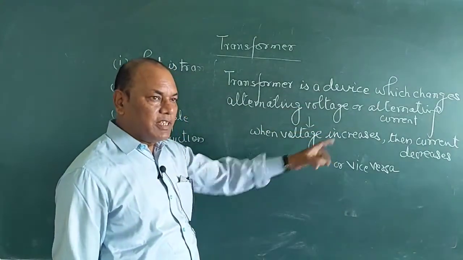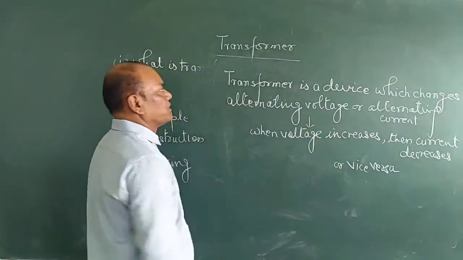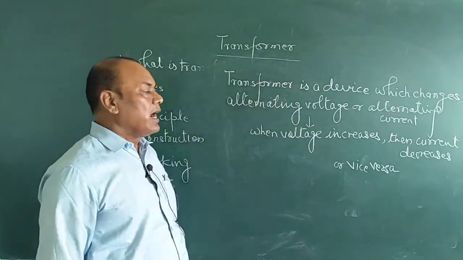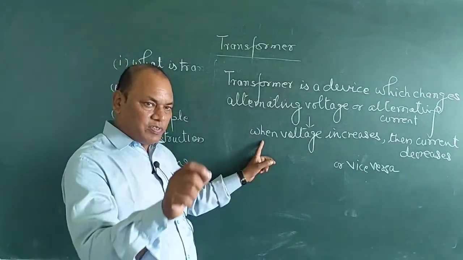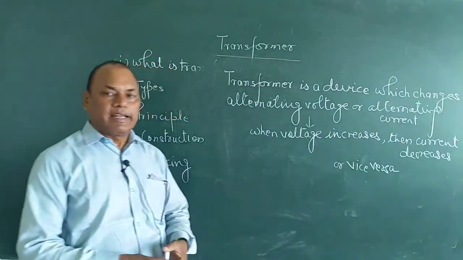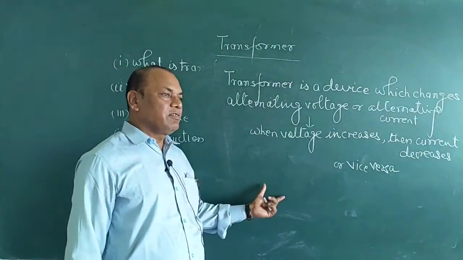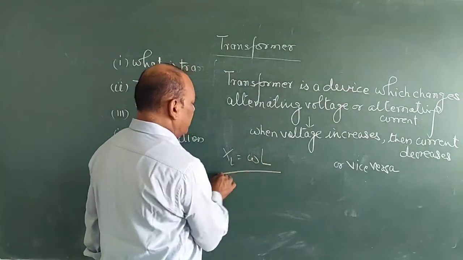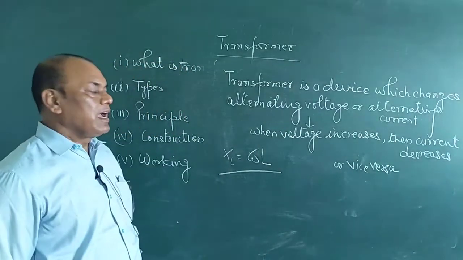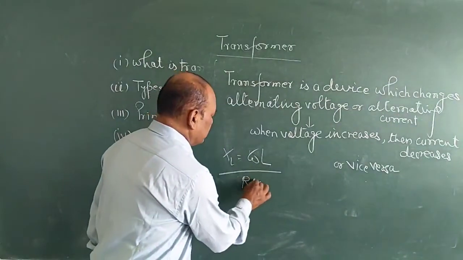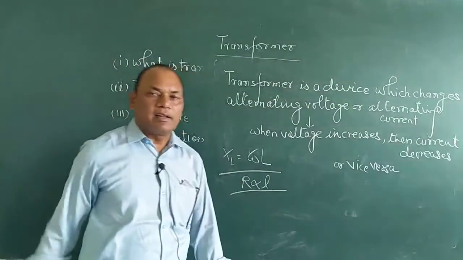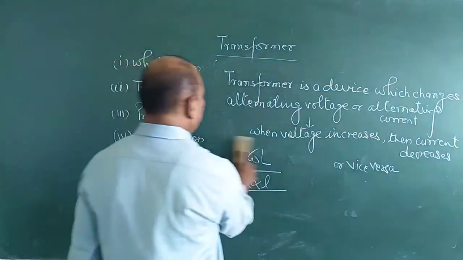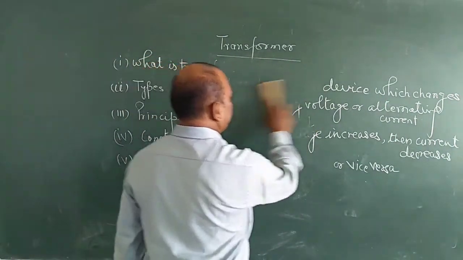Because it has frequency, and we know that coils are used in the construction of transformer, and each coil has coefficient of self-induction or resistance. Since XL is equal to omega L, which depends on frequency, and R resistance is proportional to length of wire. So that's why this transformer is used only for alternating voltage or alternating current.